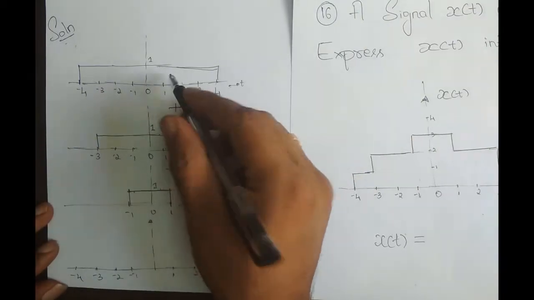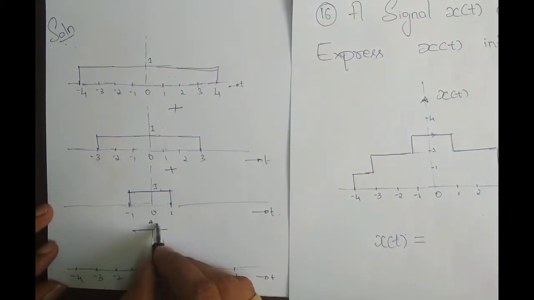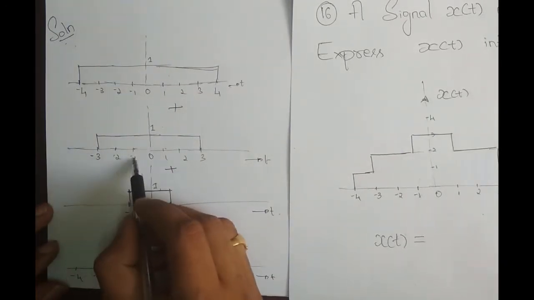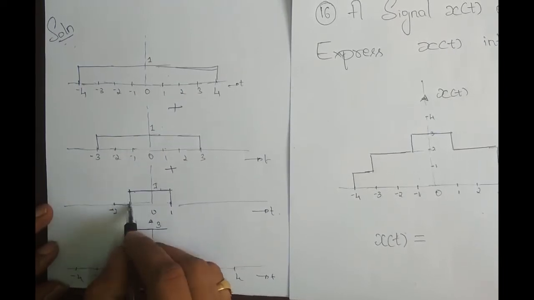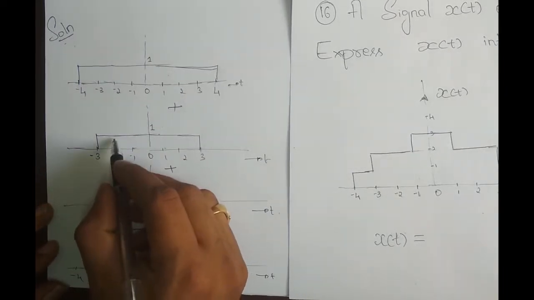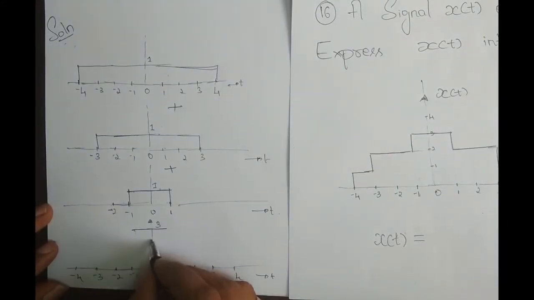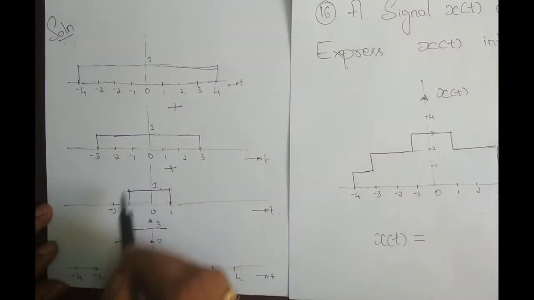So 1 plus 1 plus 1, for t varying from -1 to 1, it will be 3, right? So this amplitude is 3. Now from -2 to -1, the amplitude of the first signal is 0, plus the amplitude of the second signal is 1, plus the amplitude of the third signal is 1. So 1 plus 1 is 2. This is 2, for t varying from -2 to -1.